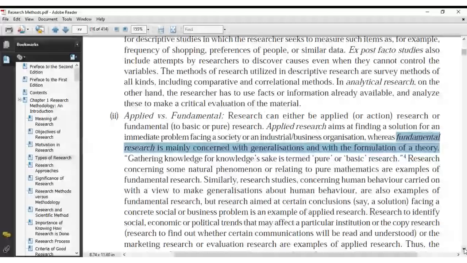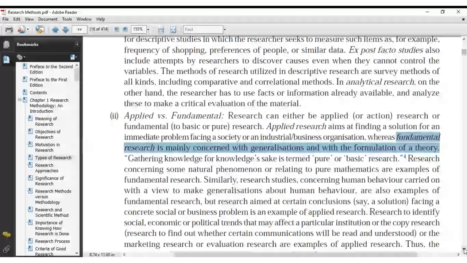So applied research is for bringing a practical solution to a real life problem. It may be a problem in society or in the business area, or just a problem that exists. But fundamental research is research aimed at building theories from which other researchers can perform their own researches.